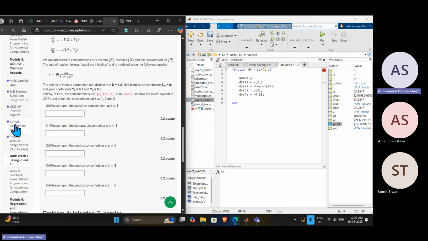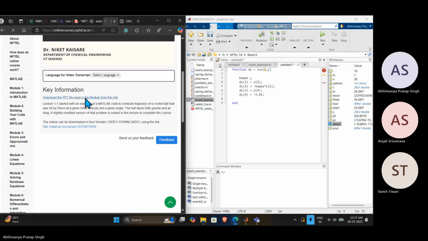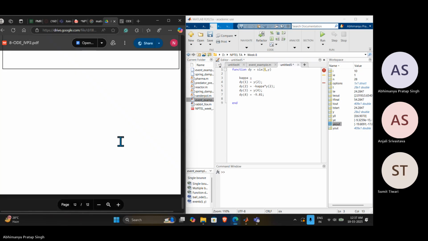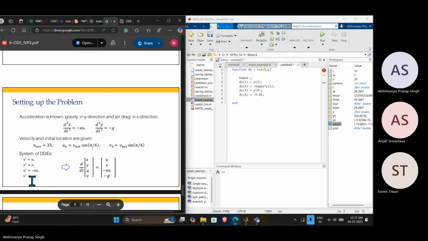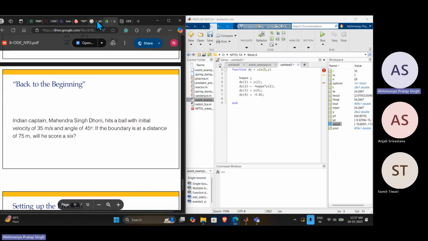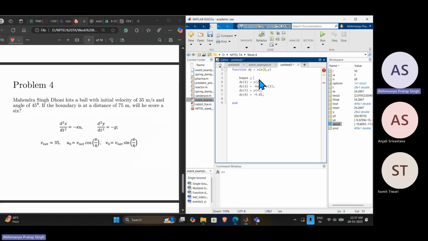Does anybody remember what the value of kappa was? Okay, I will take some value and see if this works for that value or not. Let us take 0.6. Okay, so this is my function.